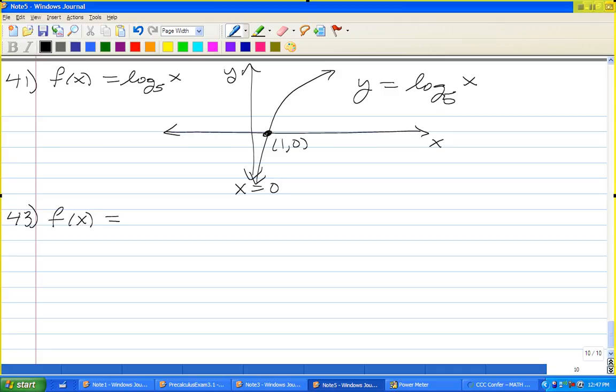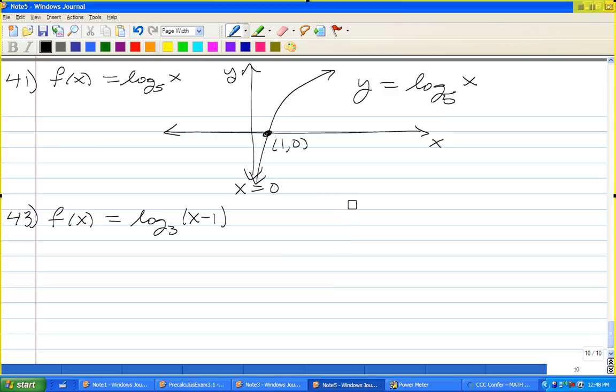F of x equaling the log base 3 of x minus 1. Okay, so let's do that. Actually, let me find the vertical asymptote first.